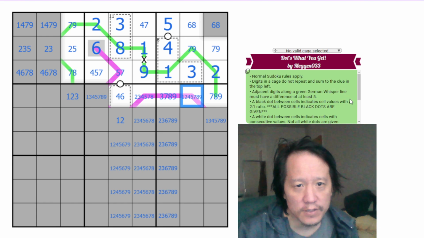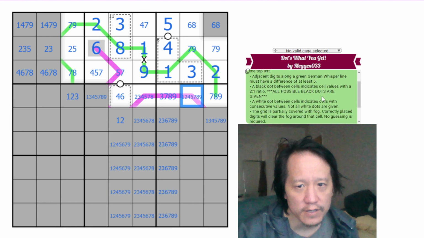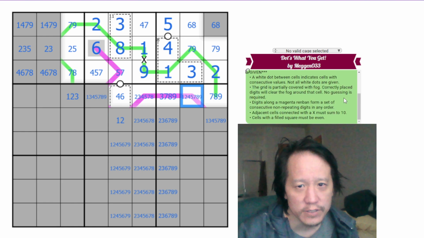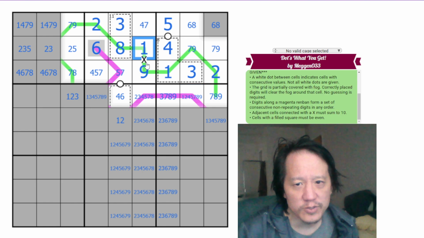Digits and cages do not repeat. We don't have any cages. German whisper line. Black dots. White dots. Not all white dots are given. 5 digits long magenta form a set of consecutive non-repeating. Add up to 10. Cells with a fill square must be even, so it's even.